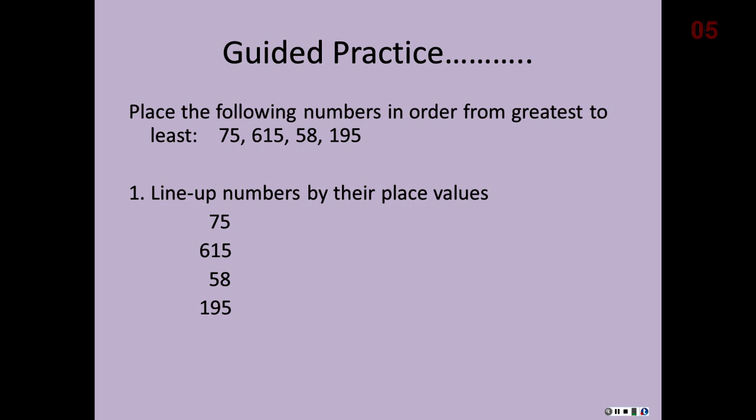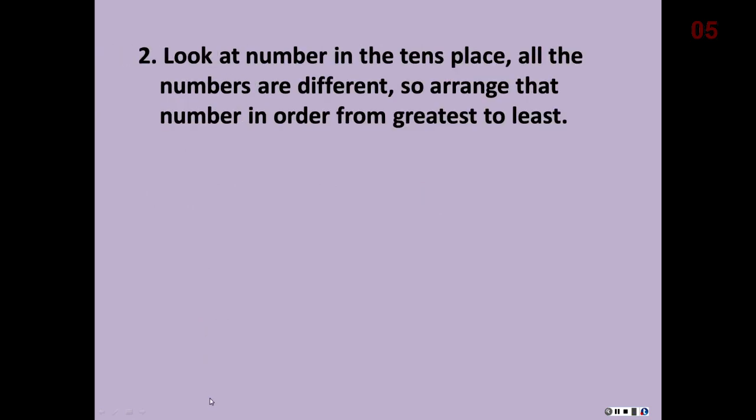So how does this question want these numbers ordered? Greatest to least. So I should look at my list and pull out the biggest number first. So what number would that be? So I'll have 615 first, and then what? 195, and then 58. Okay, so let me go ahead and put those in order.